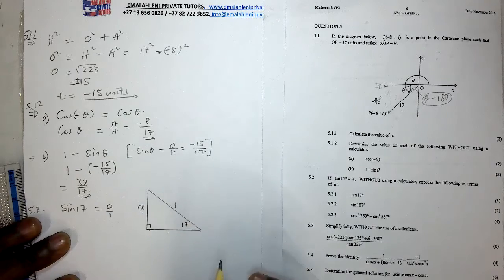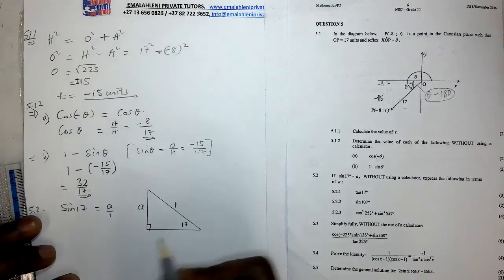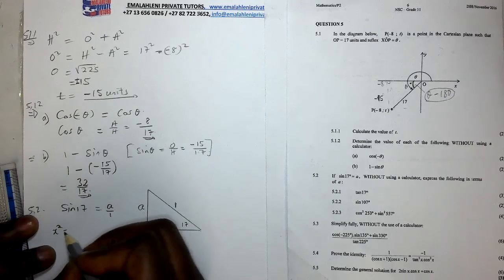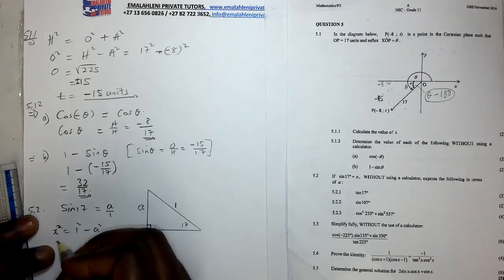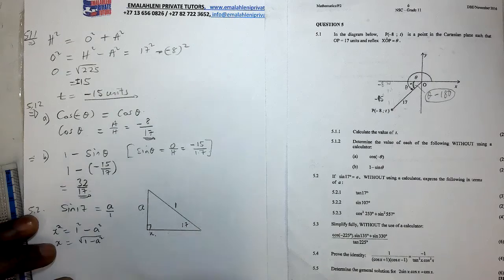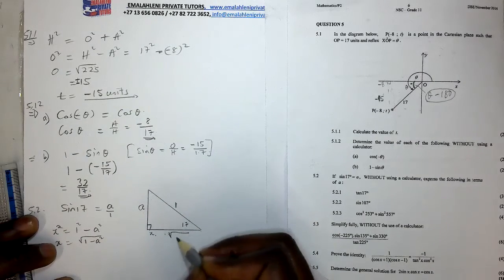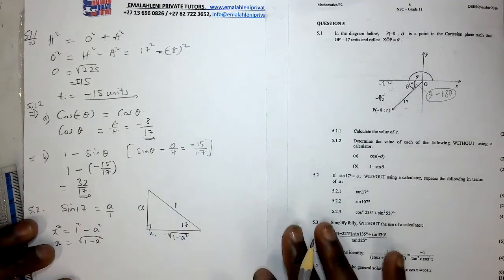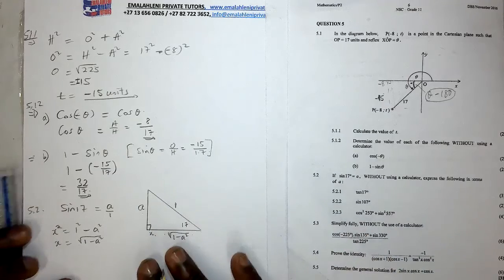Let's call this side X. So X squared is going to be equal to 1 squared minus A squared, so X is equal to root of 1 minus A squared. Now everything is going to be very easy, because you have got all the sides of the triangle and you can tackle anything.